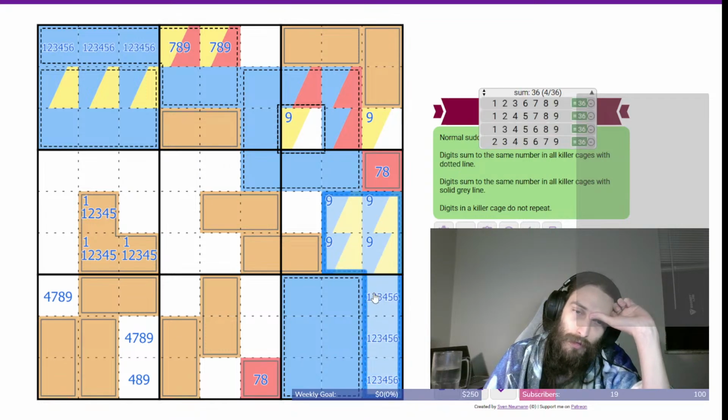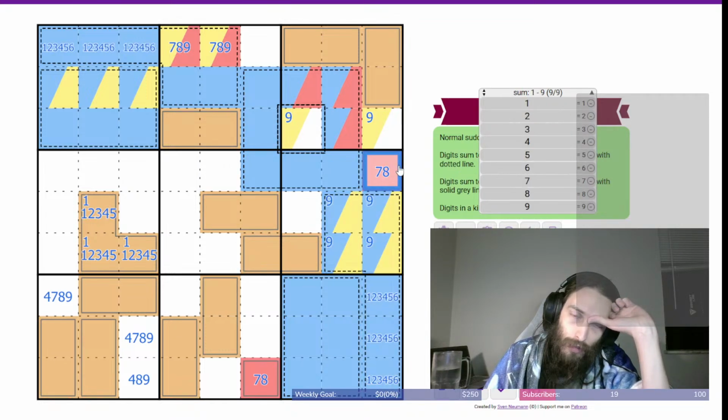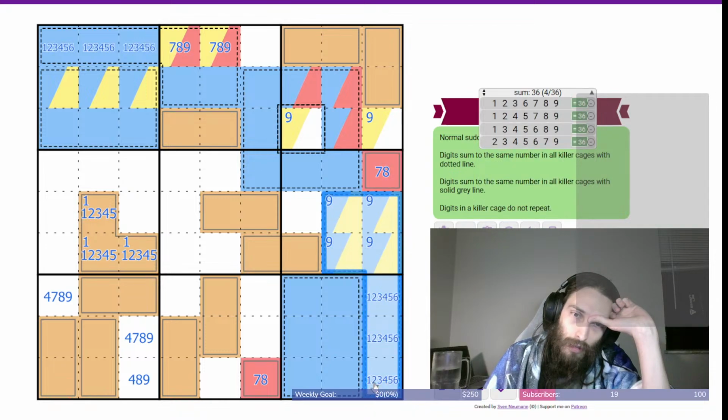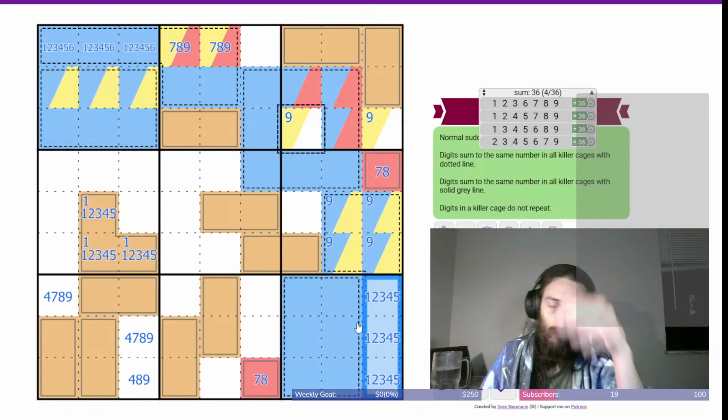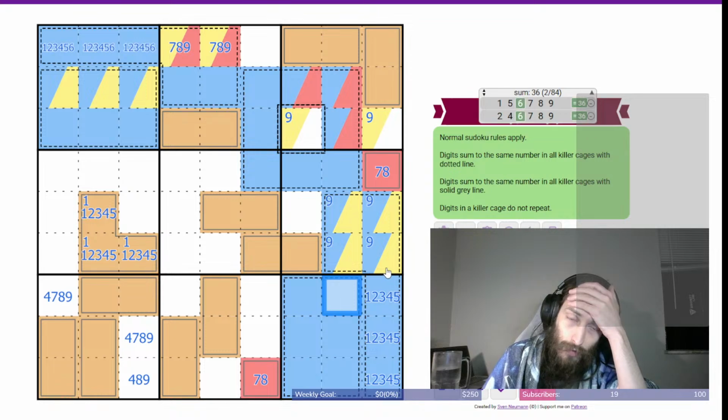Okay, but this one does not have red in it. So it's either missing 8 and 1 or 7 and 2. So this cannot be 1, 2, 6. I have to put a 6 over here. 7.